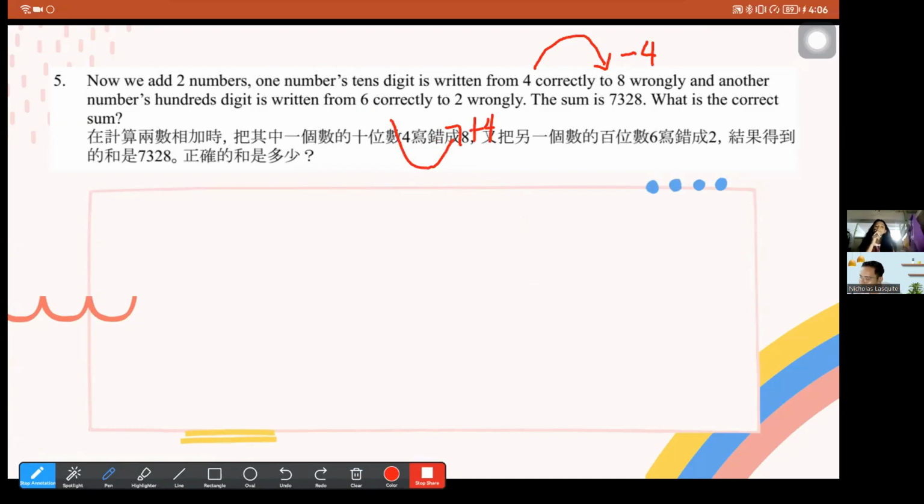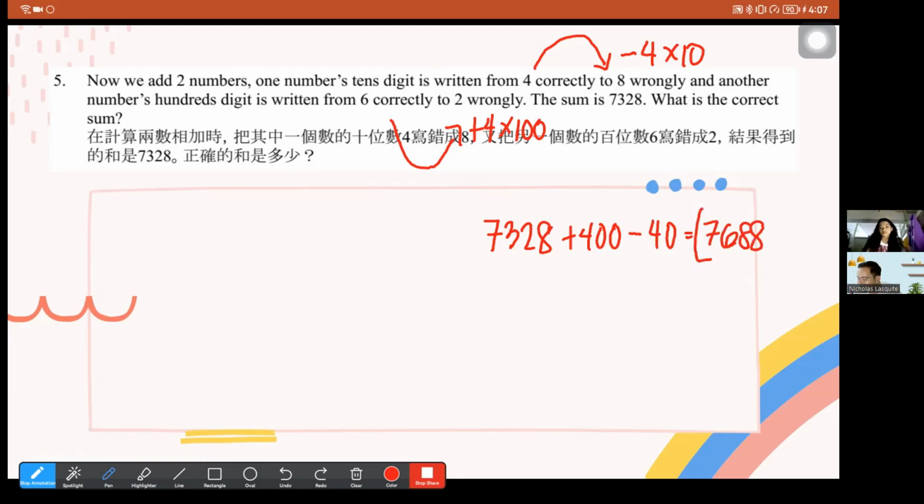This one is on the tens digit, so times 10. And this one is on the hundreds digit, which is times 100. On the given, the sum is 7328. And the adjustment that we do is now plus 400 minus 40. So the answer here is 7688.